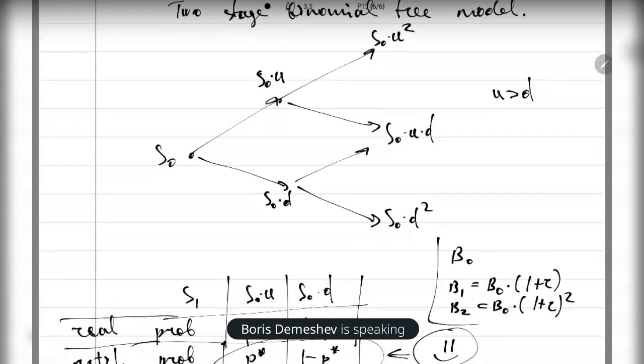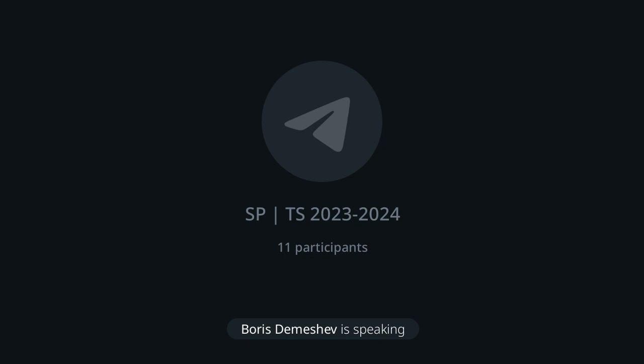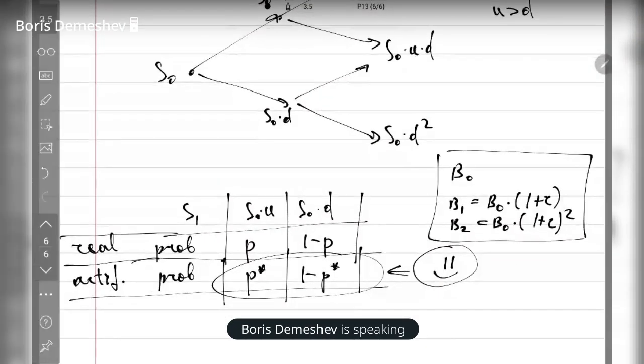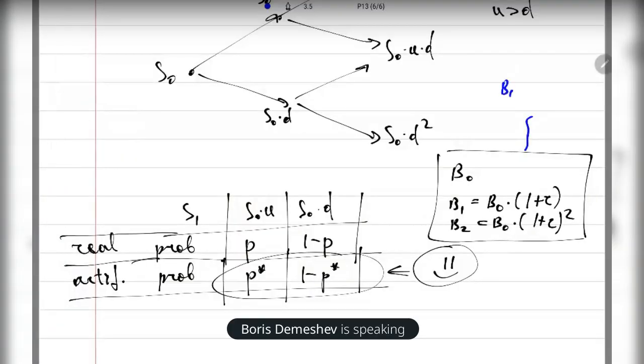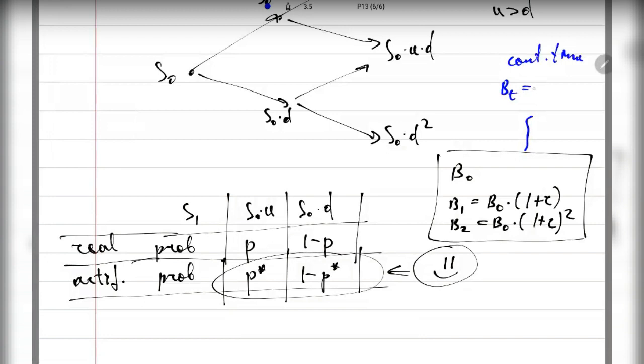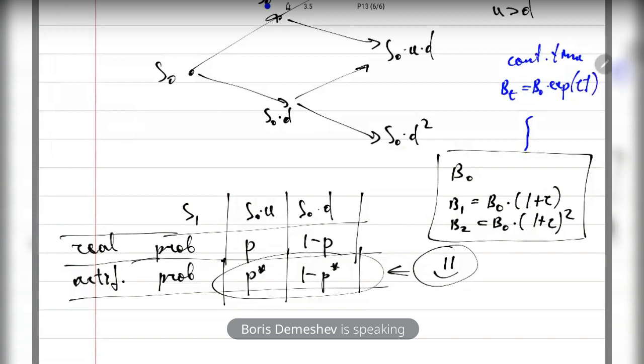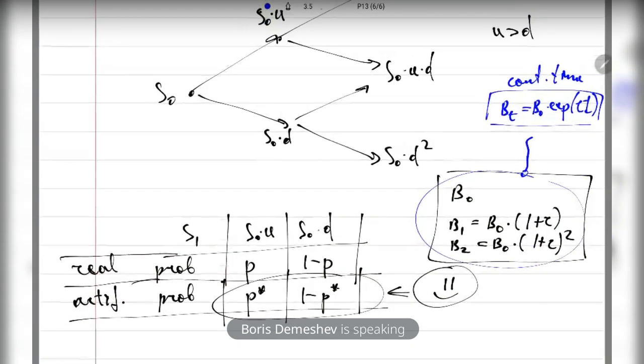So the price of the bond evolves in a deterministic manner. That's a discrete time analog of continuous time B_t. In continuous time, we use exponential discounting. That's more common. And in discrete time, multiplication by 1 plus R is more common.